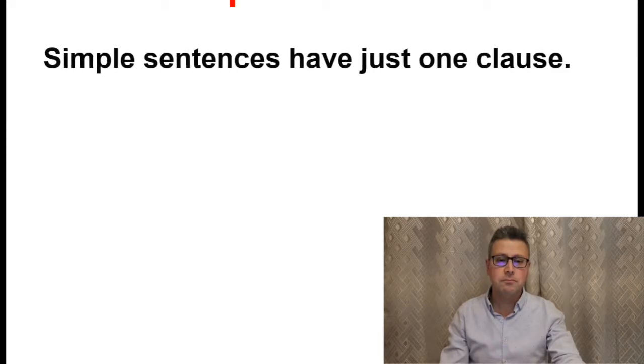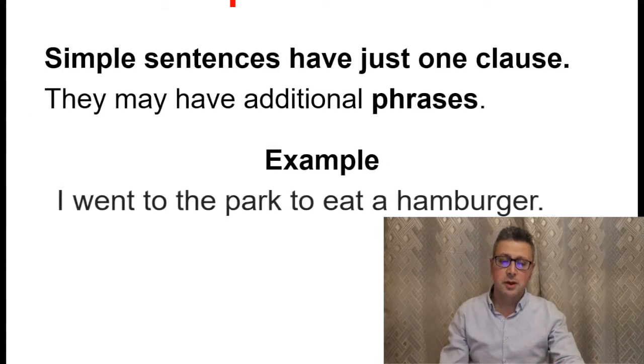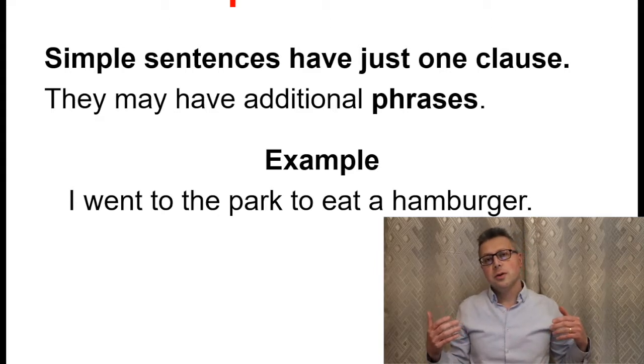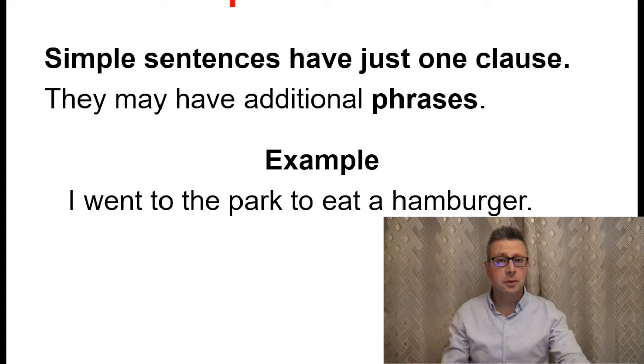There are four different kinds of sentence types in the English language. The first one is called the simple sentence. And the simple sentence has just one clause. Let's look at an example. I went to the park to eat a hamburger.